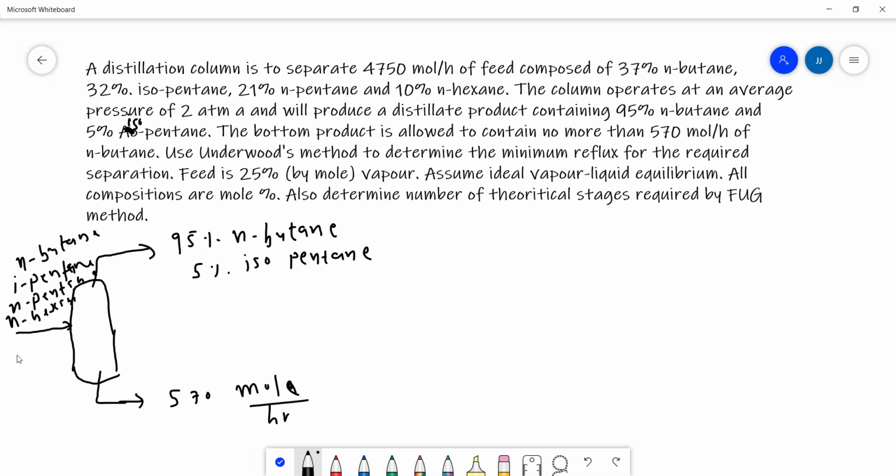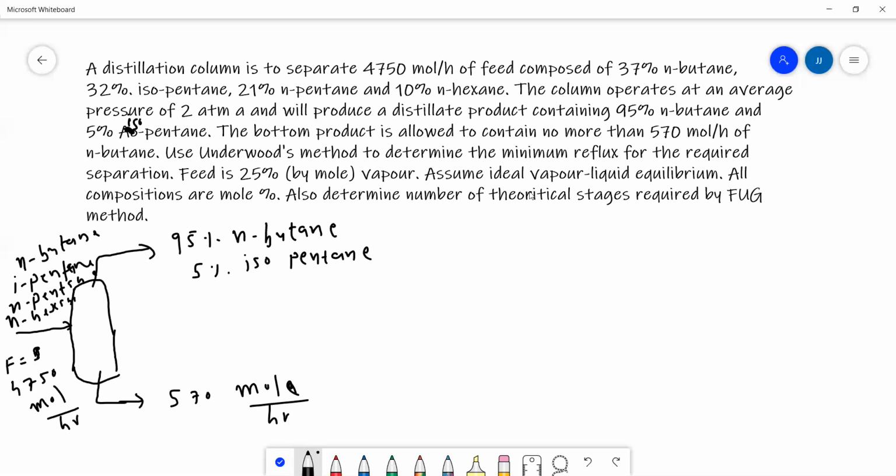I'm not writing the composition; I will take it directly from the statement. But the feed rate F is given, that is 4750 moles per hour.